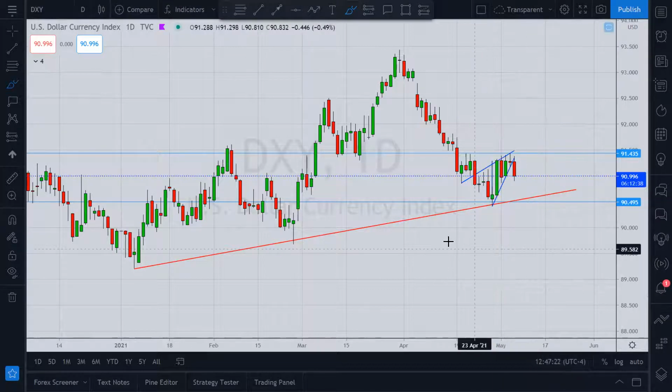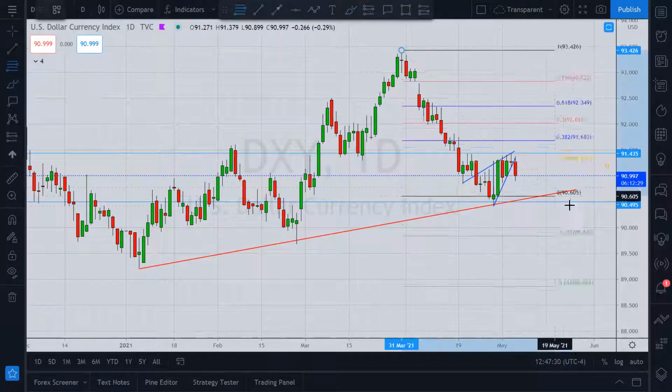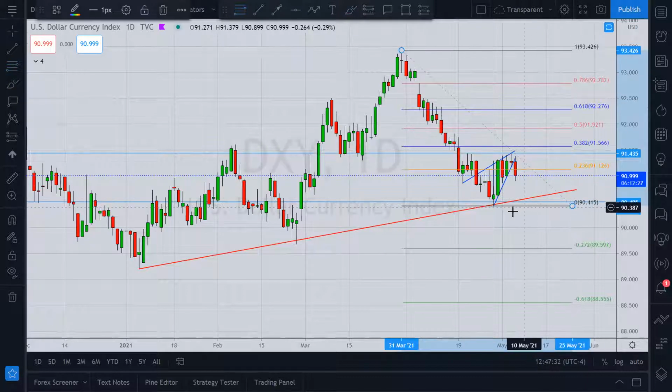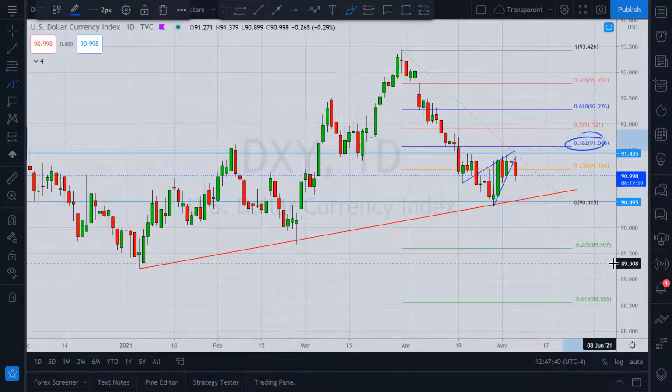Now how do you measure the correction? You put your Fibonaccis on this thing, and what you expect to see is at least a 38% pullback. I would love to see a 50% or a 61.8% Fibonacci retracement, which is the golden ratio.